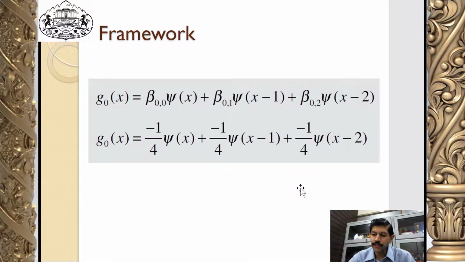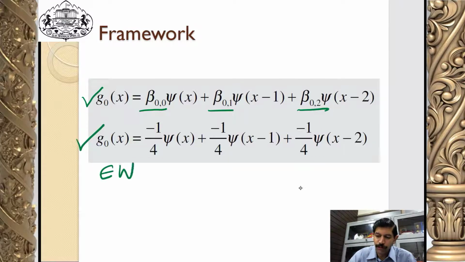Then you can plug these beta values in the formula to calculate G0 of x. So beta 00, beta 01, beta 02 all are minus 1 by 4. So minus 1 by 4 psi of x plus minus 1 by 4 psi of x minus 1 plus minus 1 by 4 psi of x minus 2. So this is G0 of x that belongs to W0.